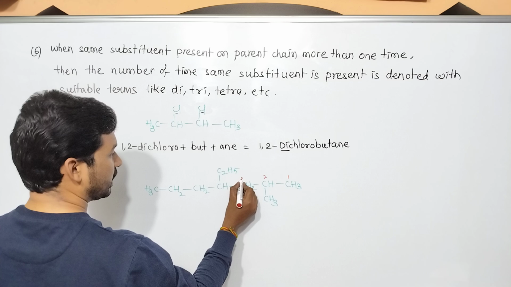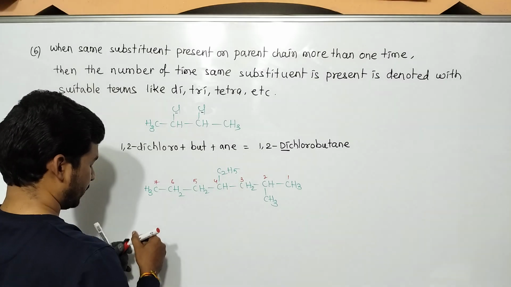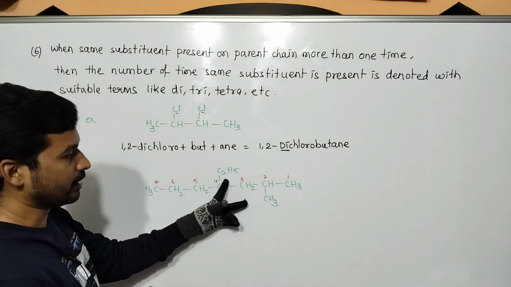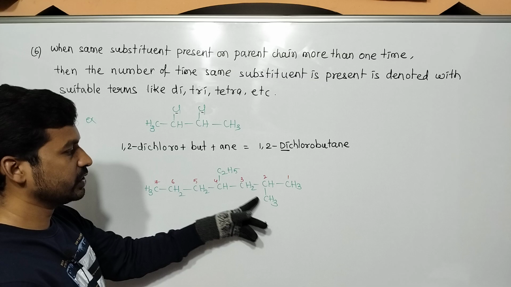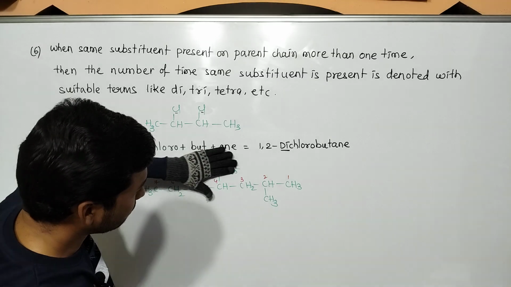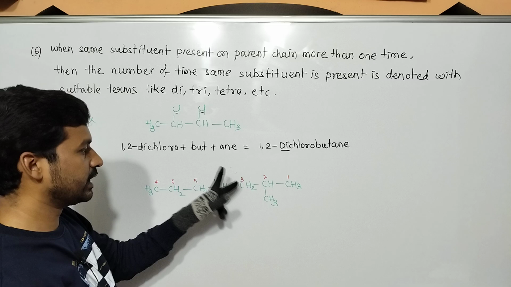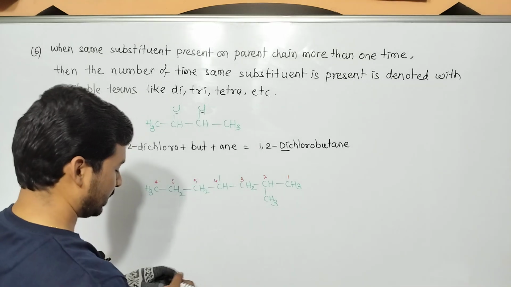So 3, 4, 5, 6, 7. Then these two are not the same. One is ethyl, one is methyl. Don't use the term di. If it were also methyl, then use the term dimethyl. One is ethyl, the other is methyl, so don't use di. That's my point.